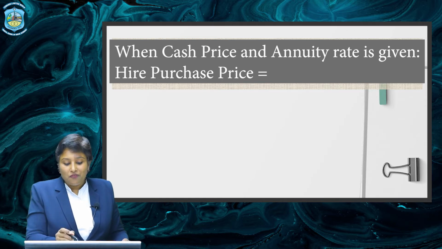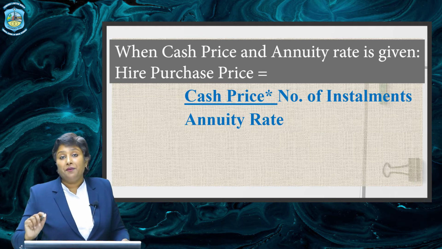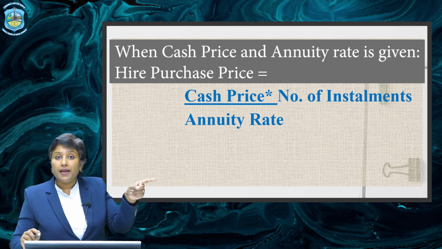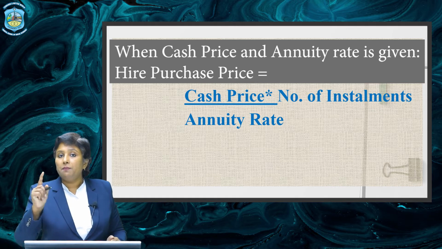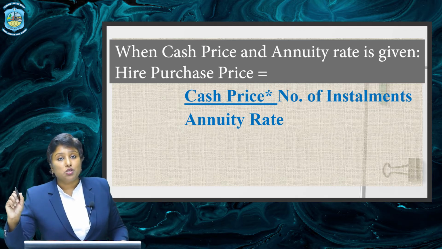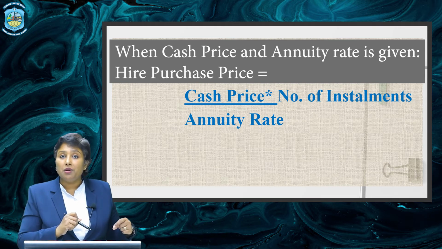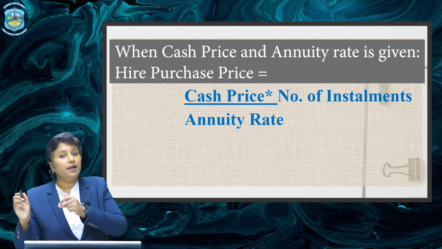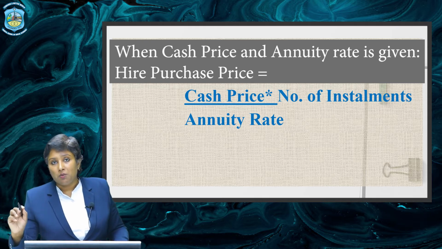Okay, so now the formula is cash price divided by annuity rate. Earlier we had multiplied the amount with the annuity rate, now we are dividing this cash price by the annuity rate and multiplying it with the number of installments, simply replacing the values. Earlier we divided with the number of installments and multiplied with the annuity rate. Now we are dividing with the annuity rate and multiplying with the number of installments.